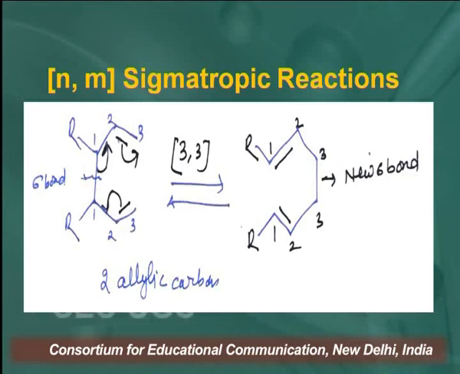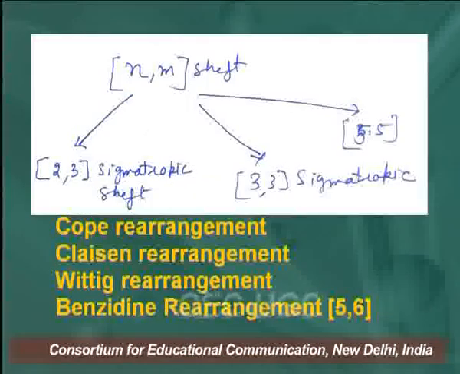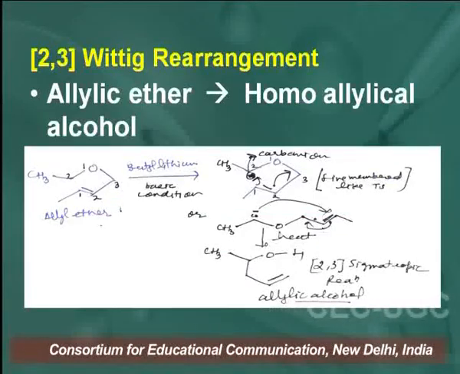This 2,3 reaction is the Wittig reaction. The Wittig rearrangement is also a 2,3 sigmatropic rearrangement reaction, in which an allylic ether is converted into an alcohol. It is a very important rearrangement that follows a suprafacial mode of interaction, and we get allylic alcohols.